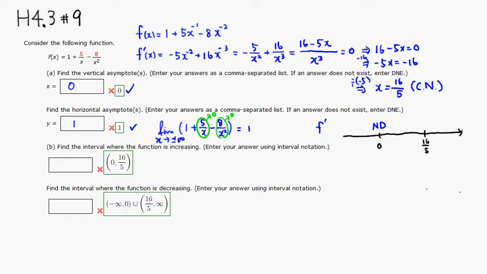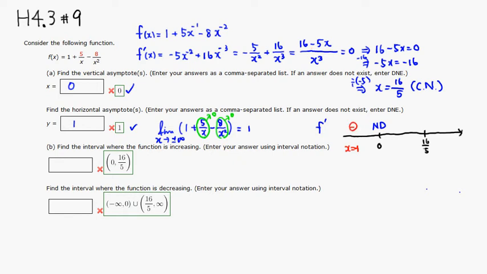We're going to look at the sign here. For anything less than 0, I'll try negative 1. If you plug in negative 1, the numerator is positive, and the denominator, negative 1 cubed, is negative. Positive over negative is negative.